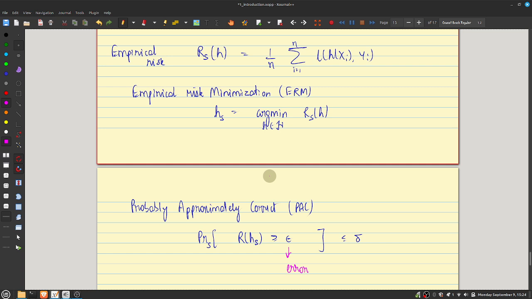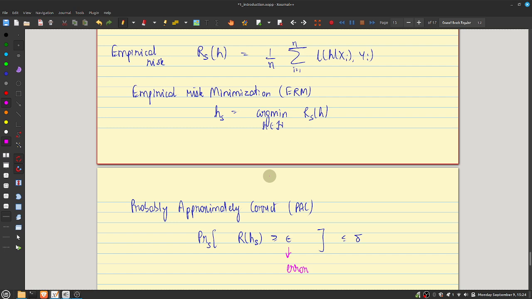It could be the class of all neural networks of, let's say, depth at most 10, where each layer has at most, let's say, 100 neurons. That's one potential choice of H, right? But again, for us, everything is abstract.